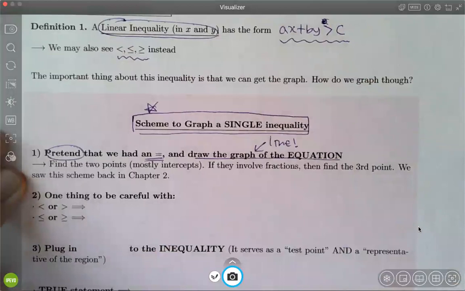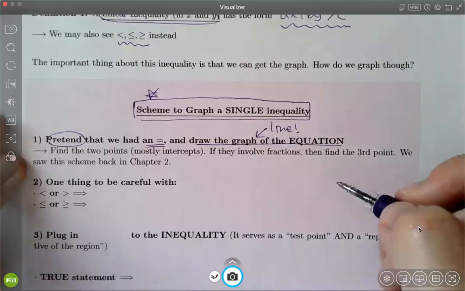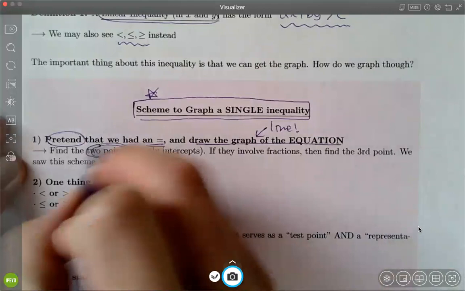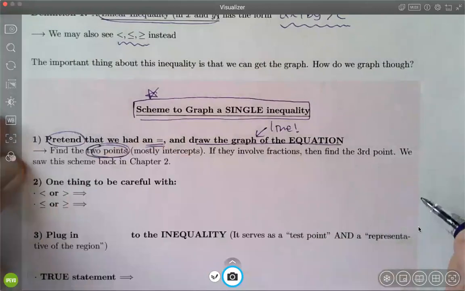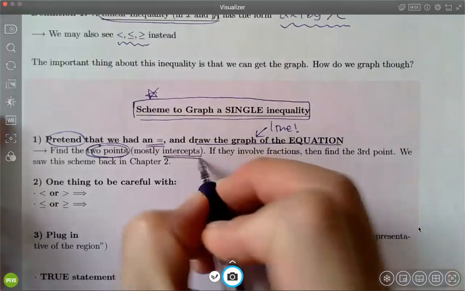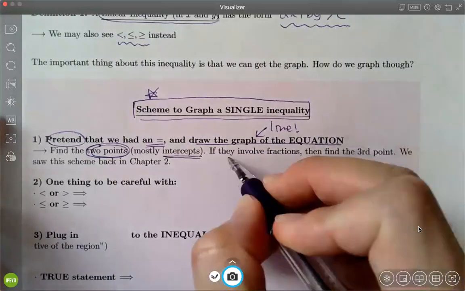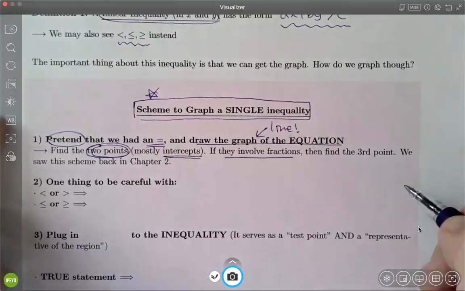We know it. So how do you sketch the graph of any line? You need at least 2 points, right? Remember that? And mostly x and y intercepts work, right? And remember when they don't work, when they involve fractions. So what do you do in this case? Find yet another point, right?